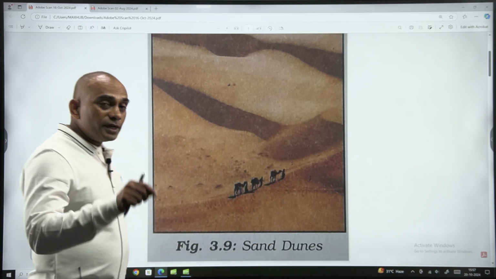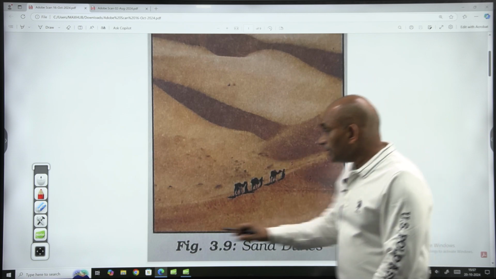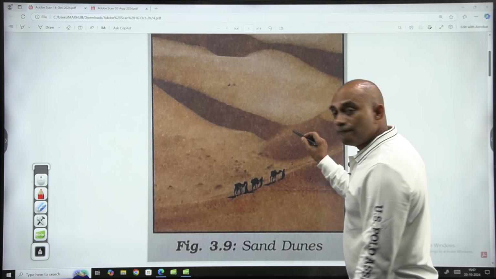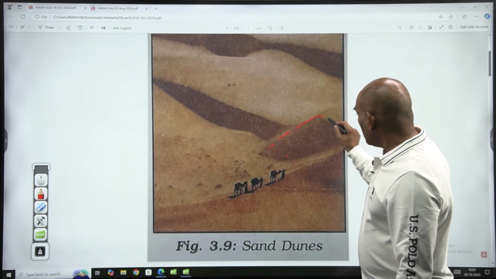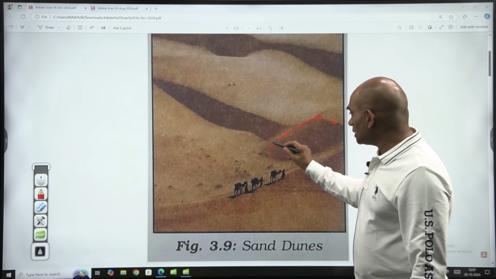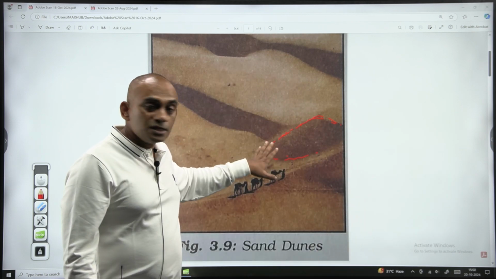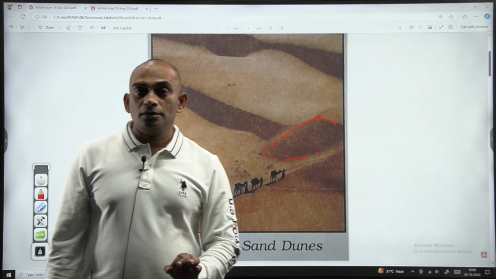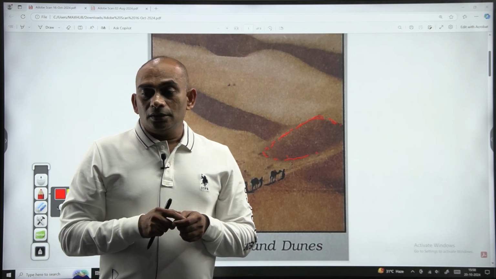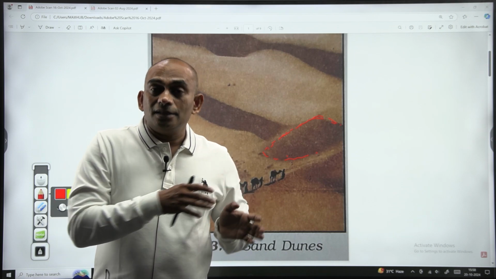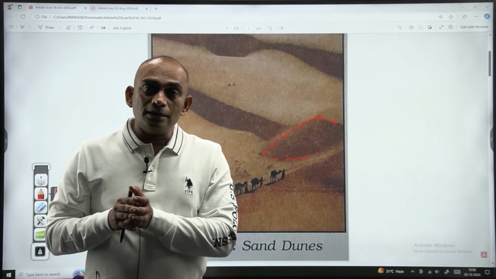Whenever there is no wind, this sand generally falls down and is deposited, and look at this one, it is deposited in the form of a low hill, and these are sand dunes.